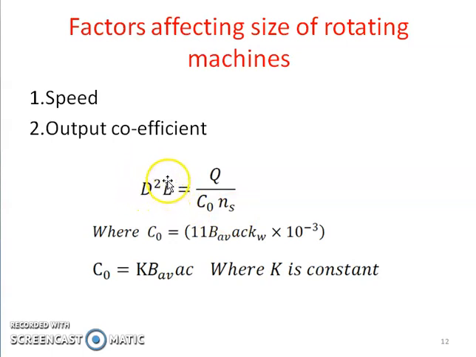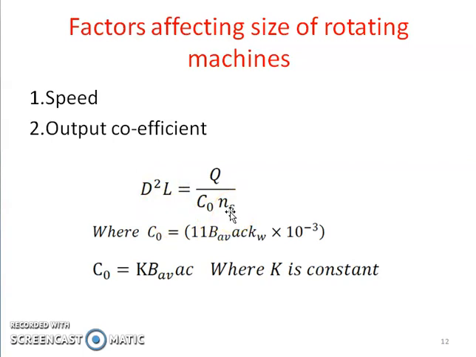The active parts of the machine, whatever magnetic circuit is required or materials which are required for design of the machine in terms of mechanical dimensions, the size as well as the cost of the machine will get reduced if the value of Ns is increased.